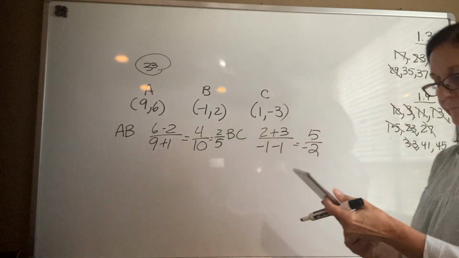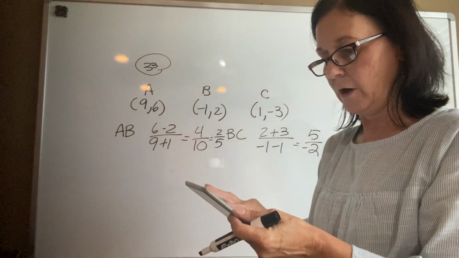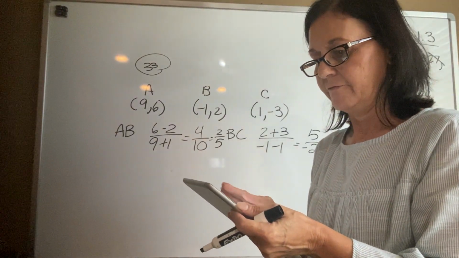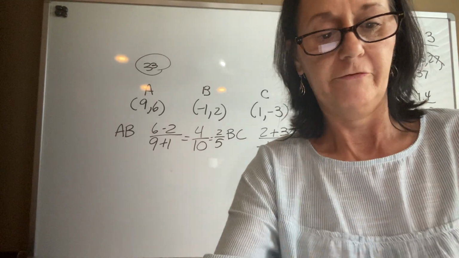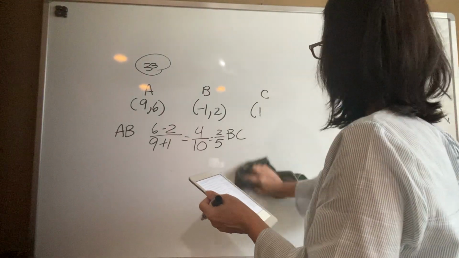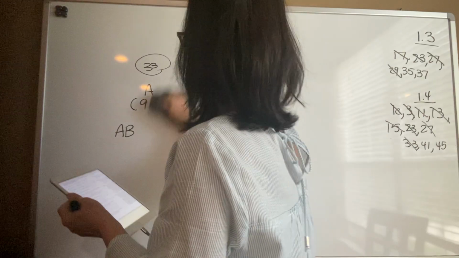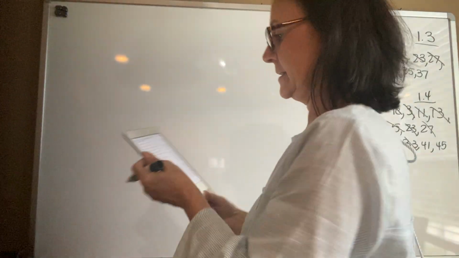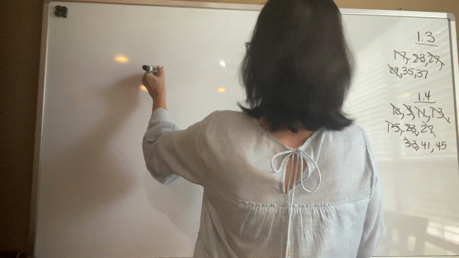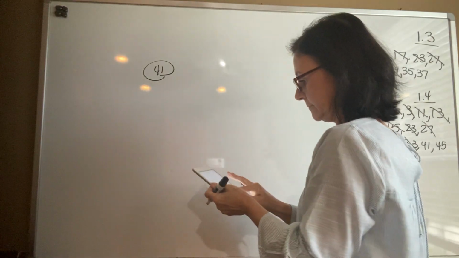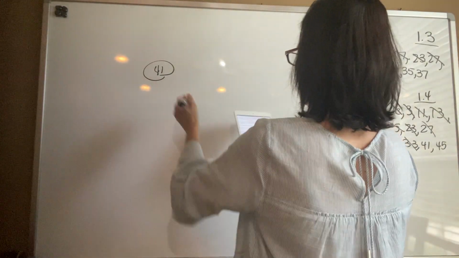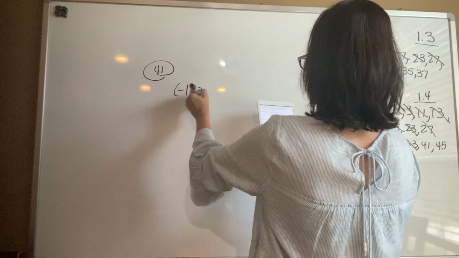All right, moving on to 41. Find an equation for the line that satisfies the given conditions. All right, let's see what is given for 41. Okay, here's a point on the line, -1, 3.